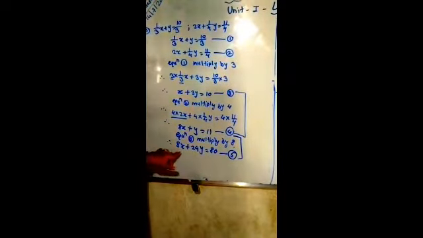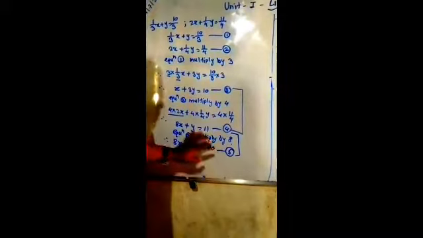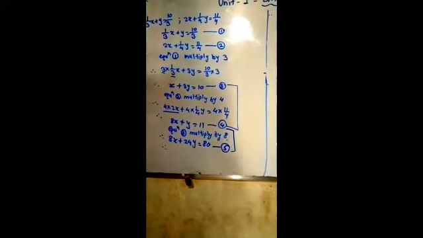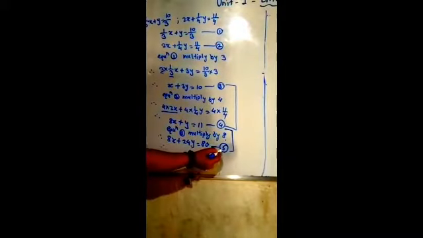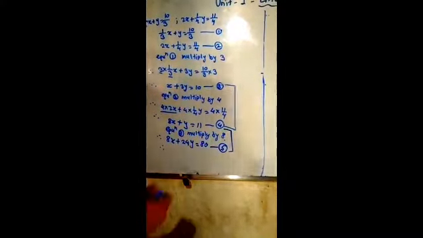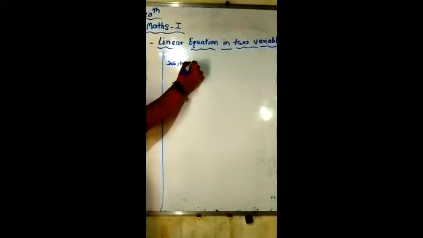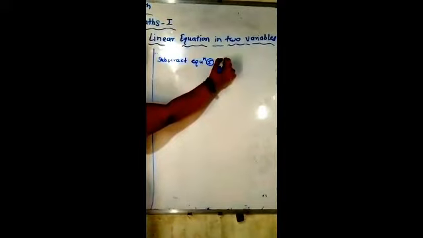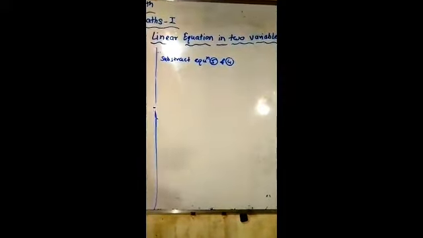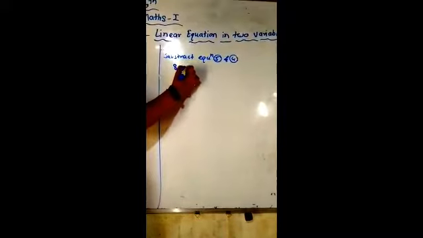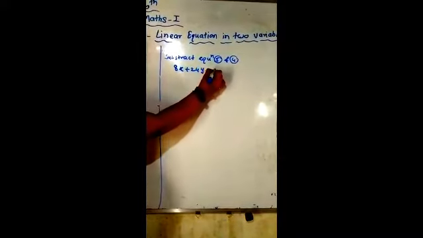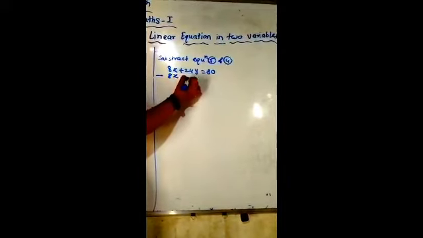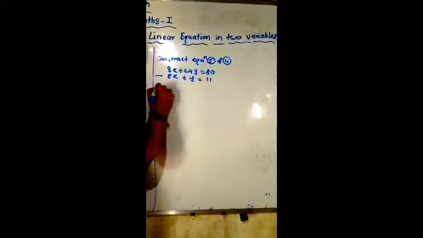Then we get 8x plus 24y is equal to 80. Then we add or subtract. Here we subtract equation 5 and 4. Equation number 5, we get 8x plus 24y is equal to 80, minus 8x plus y is equal to 11.